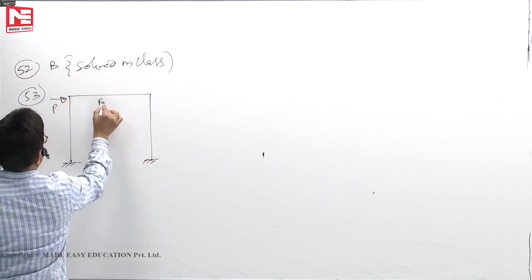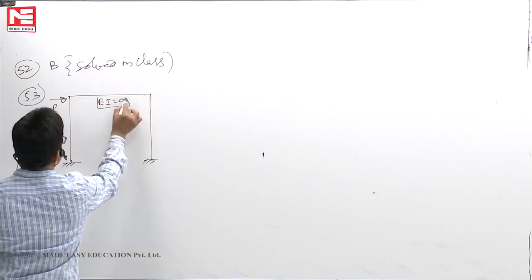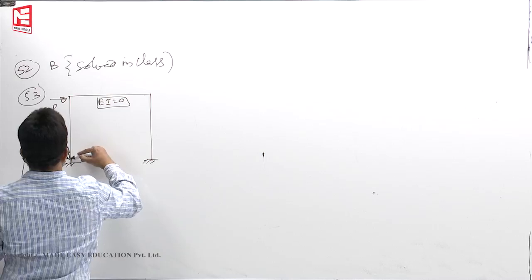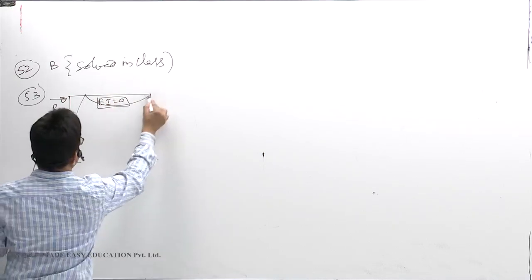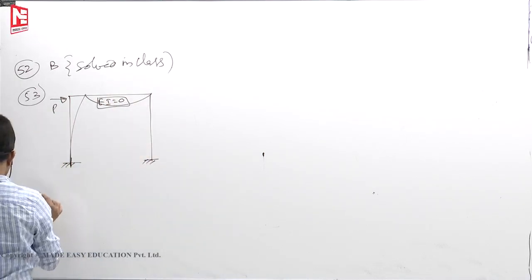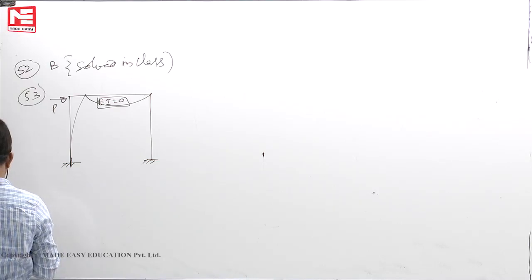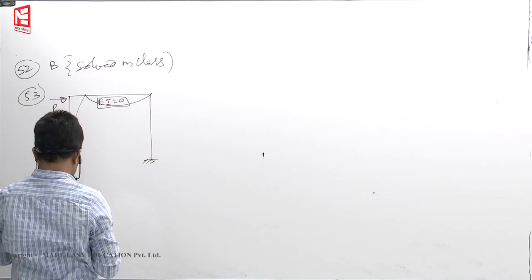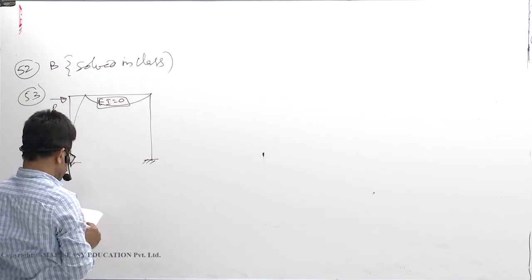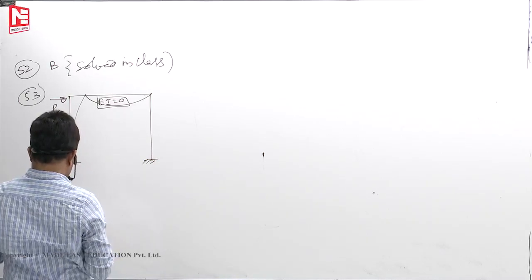EI is equal to 0 means weak beam. The deflection profile will go like this. So he is asking, the horizontal displacement of beam BC of the portal frame shown in the figure given below, assumed to be 0.